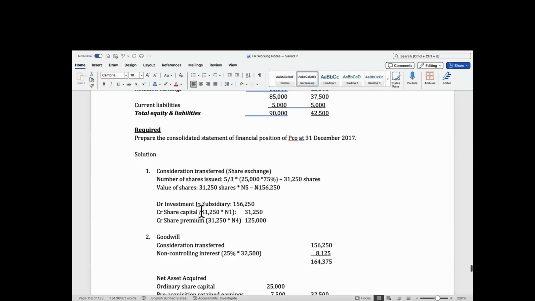So I get 31,250 times 1 naira. Any excess goes to the share premium account, which is this minus what I'm going to share capital. So I get 125,000. And that's the double entry for this consideration.